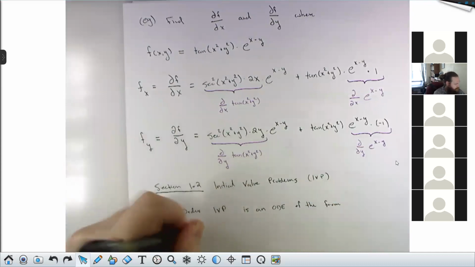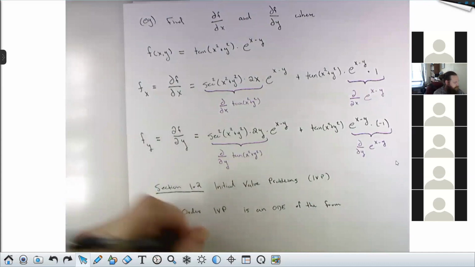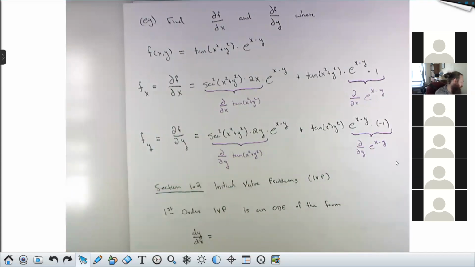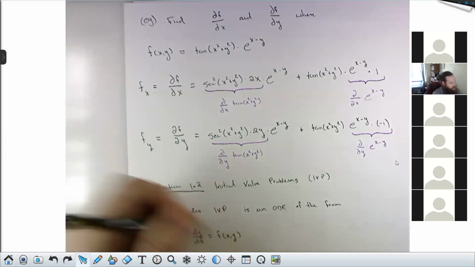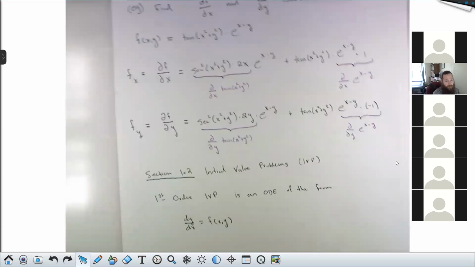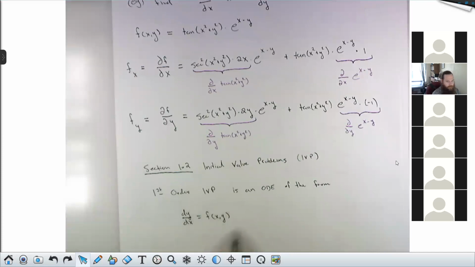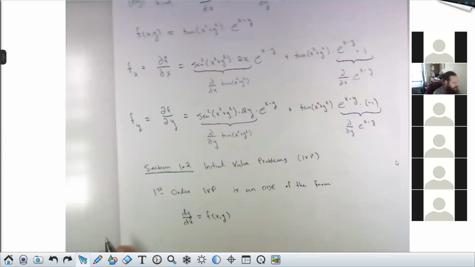Your regular derivative, dy/dx, is equal to some combination of x and y, and we're going to write this as f of x, y. So this is the ODE, this is the differential equation. You're trying to solve for not f, but the function y in this, like in all the other differential equations we've looked at. The thing that makes it an initial value problem, though, is you're given some initial conditions.